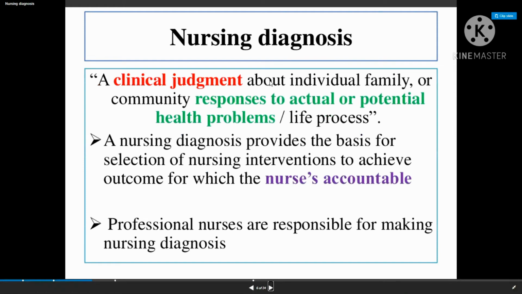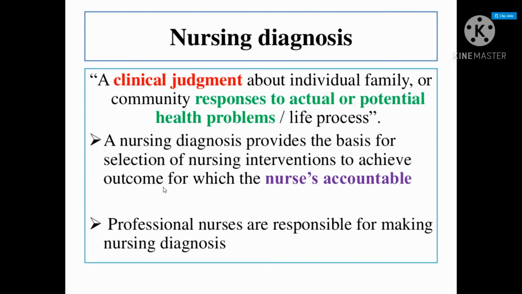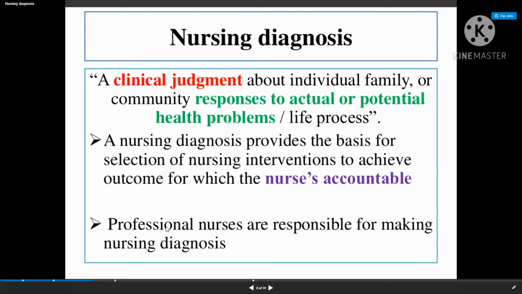It is a clinical judgment about individual, family, or community responses to actual or potential health problems. A nursing diagnosis provides the basis for the selection of nursing interventions to achieve the outcomes for which the nurses are accountable. Professional nurses are responsible for making nursing diagnoses.